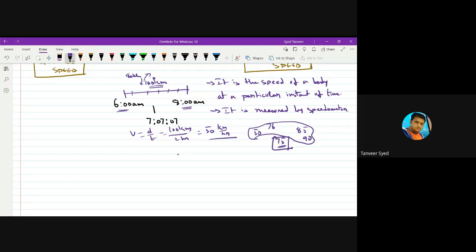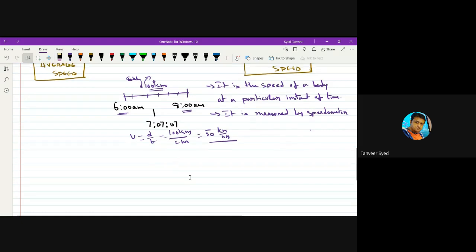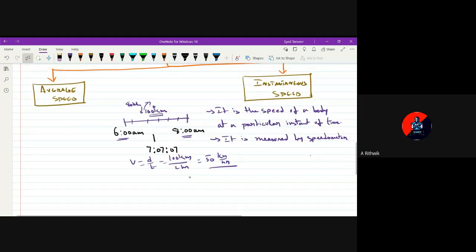Similarly, the average of all speeds with which a body moves during a particular interval of time is average speed. Sum of marks of every subject by number of subjects is average, sir. Okay. Yes.